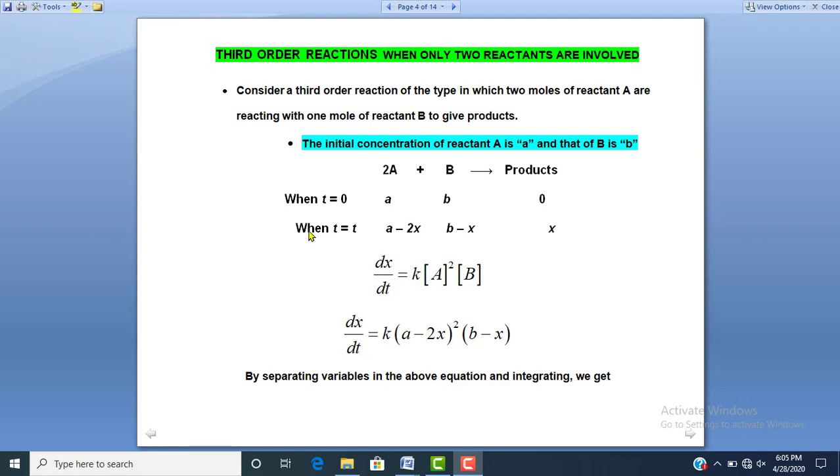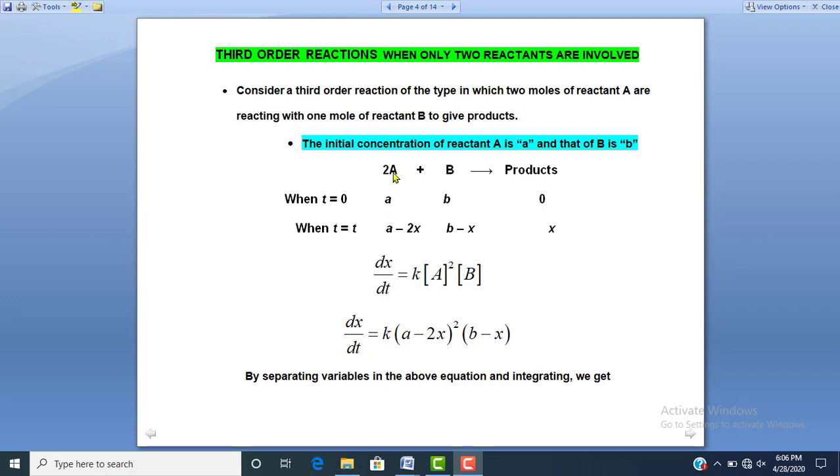Dear students, let me suppose that when time is 0 second, the product is 0 moles. At that time, reactant A has a moles and reactant B has b moles. But when some time t has passed, let us suppose 1 second, 5 seconds, 1 minute, 5 minutes, 10 minutes, then after time t, what will happen?